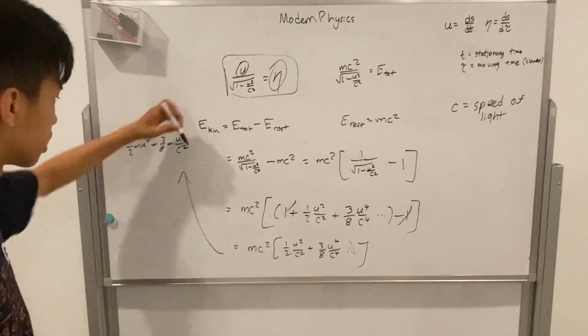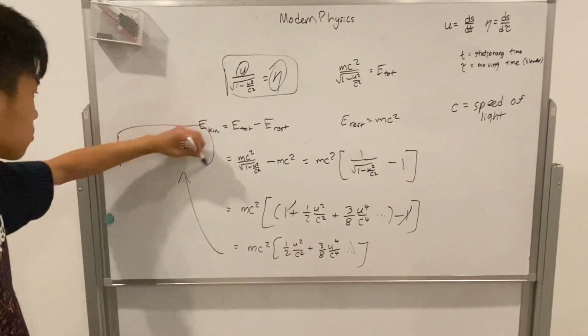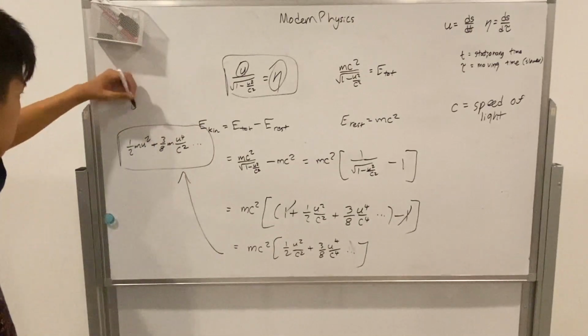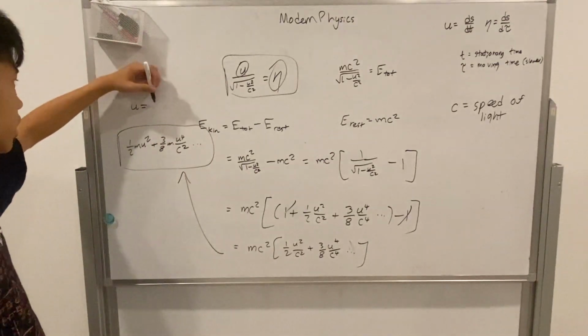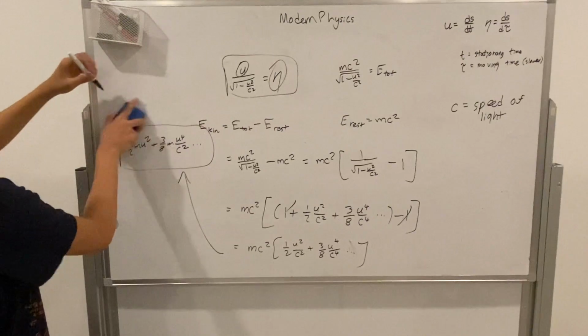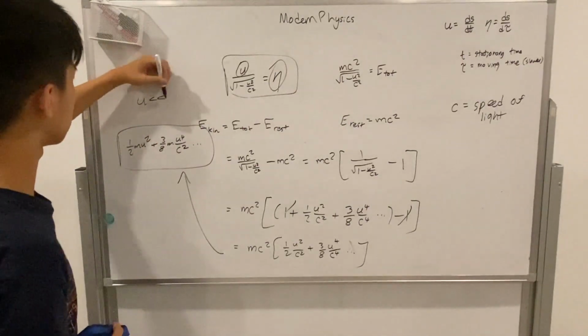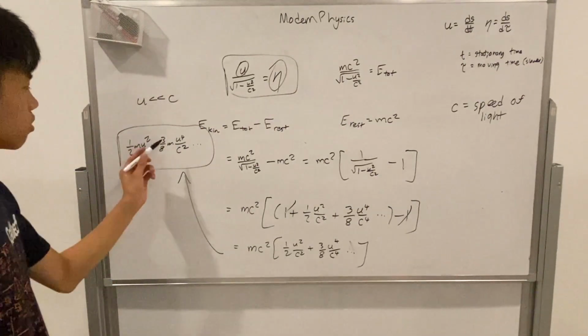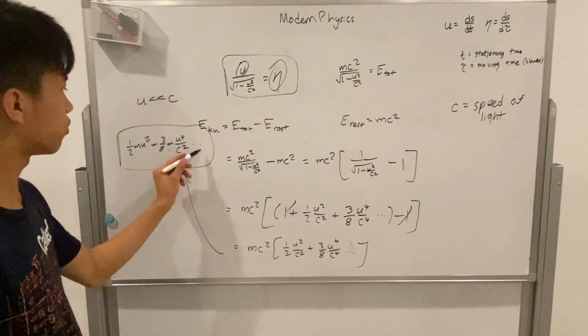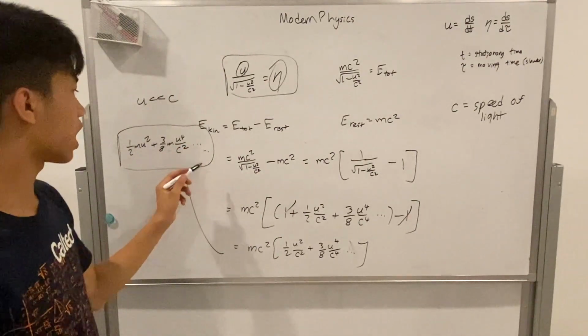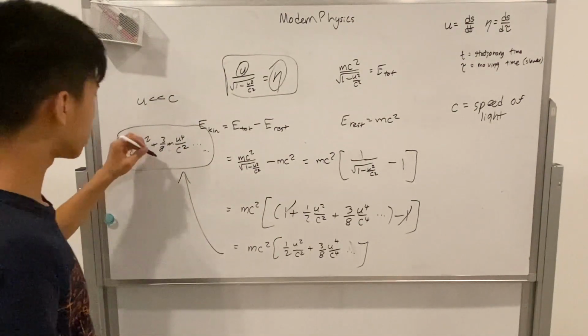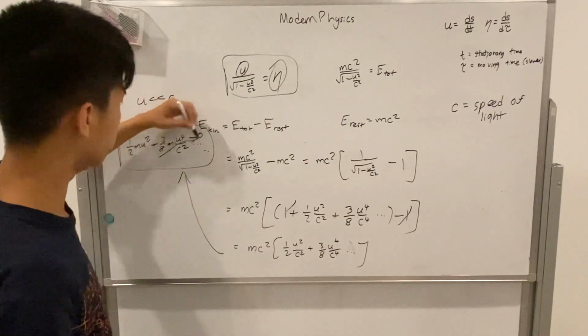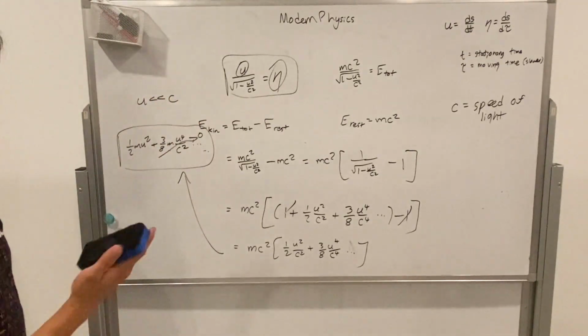Now, if u is a really small value, significantly less than c, then this term and all the future terms, since all the future terms have c in the denominator, just approach 0. They're really small, pretty much insignificant.